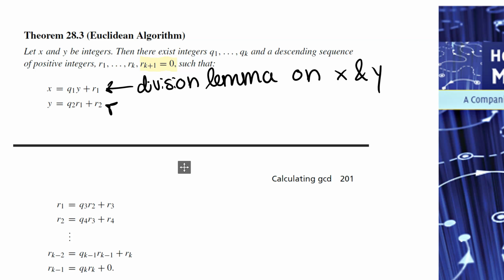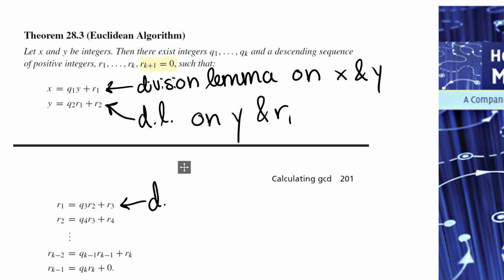And then we do it again. Division lemma, I'm going to call it DL, but on who this time? Well, actually, on y and r1. And then we do it again. Division lemma on r1 and r2. So where do we keep pulling these from? We have y here, and then y moves over there.